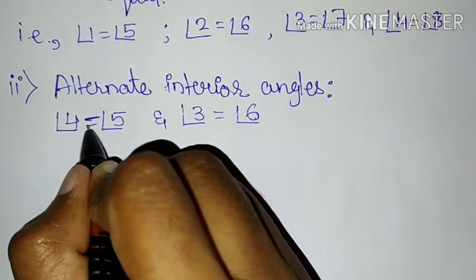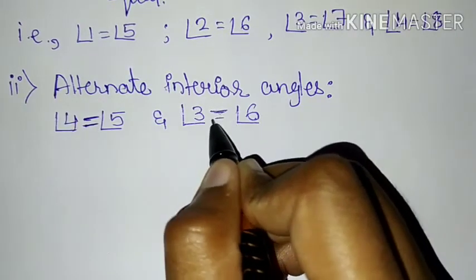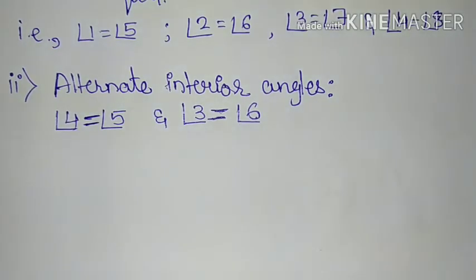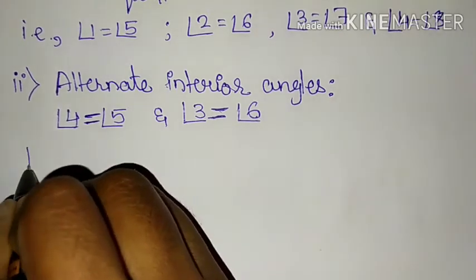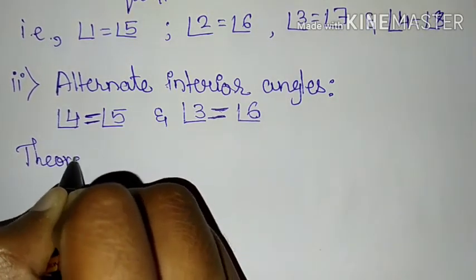They are equal. That is the theorem. When the lines are parallel, then the alternate interior angles, or just alternate angles, are equal. That is the statement of the theorem which can be proved.